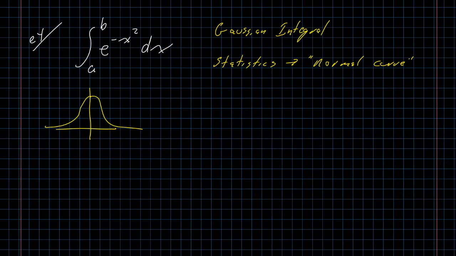If you put some coefficients in front of this, and this is a calculus class, not a statistics class, so I don't care about the coefficient that goes in front, and you calculate an integral from a to b, the result actually turns out to be the probability that a randomly selected sample from a normally distributed distribution falls into that region.